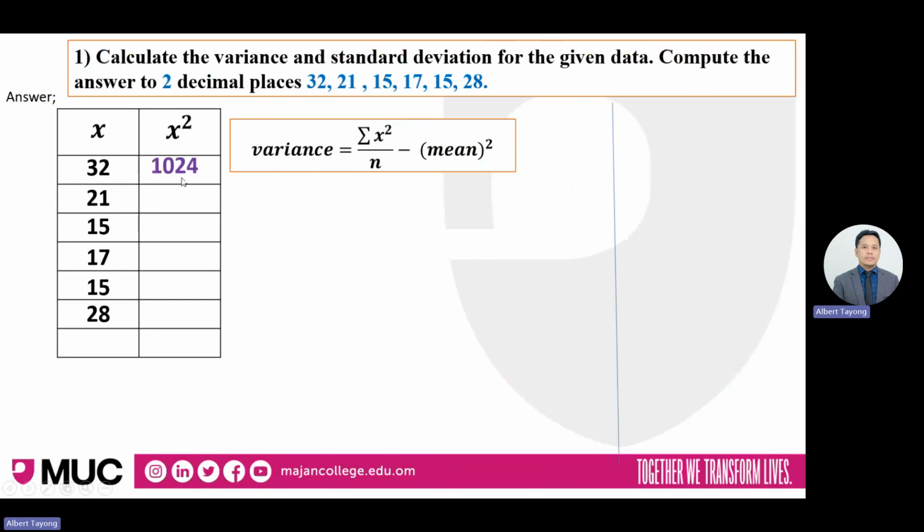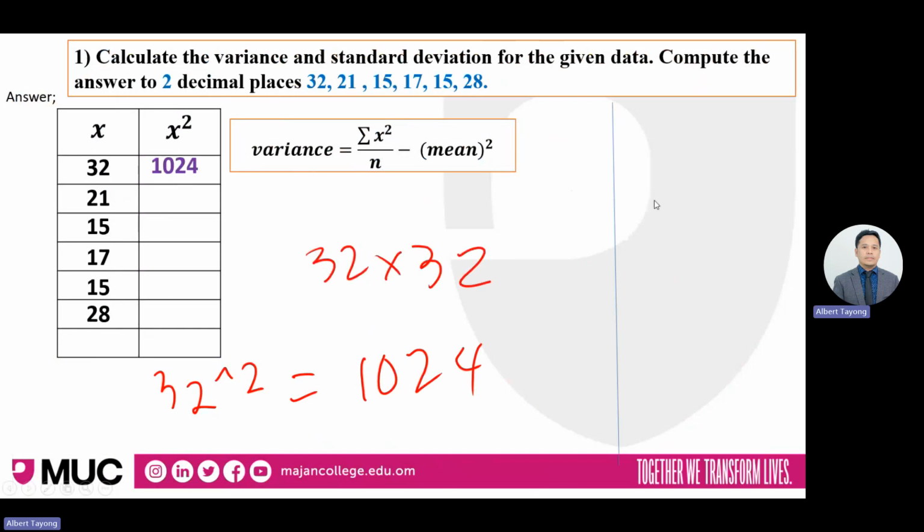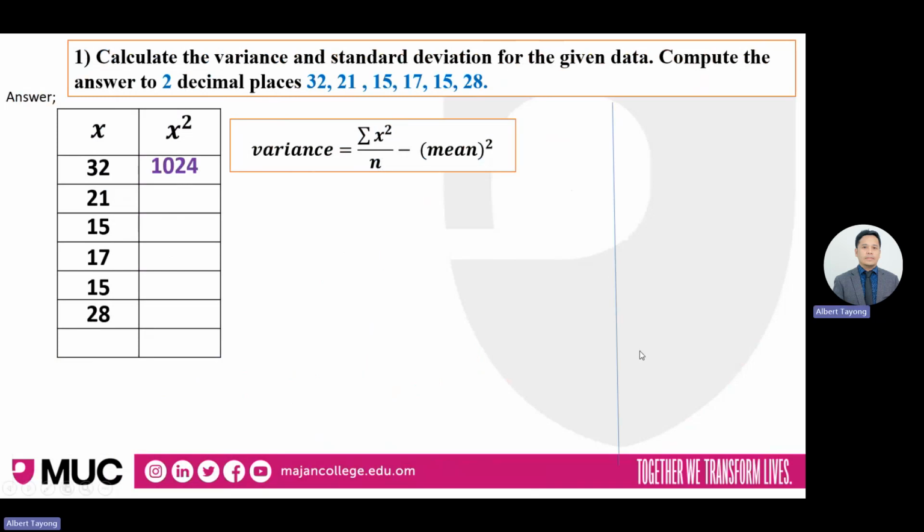Okay, so square, that is 32 raised to the power of 2 equals 1024, or 32 times 32. Okay, and then 21 squared, 441, 15 squared, 17 squared, then 15 squared, 28 squared.